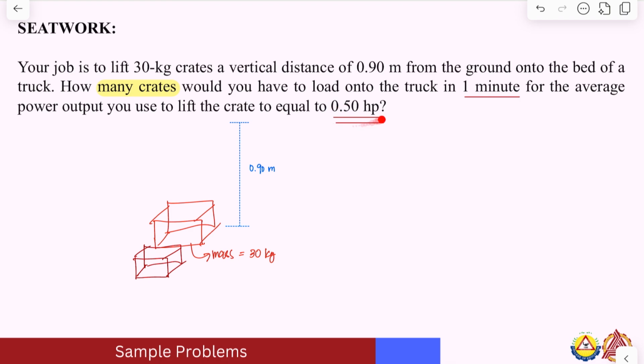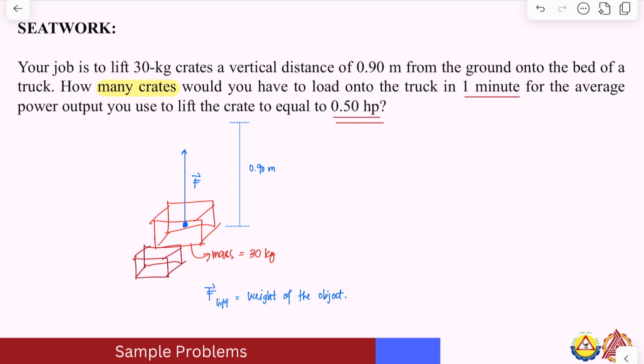Now the givens are there, so I'm going to write them just to help you solve the problem. Take note, as I've said, the minimum force required to lift an object is simply equal to the weight of that object. And this is an important concept which you have to use in solving this problem.